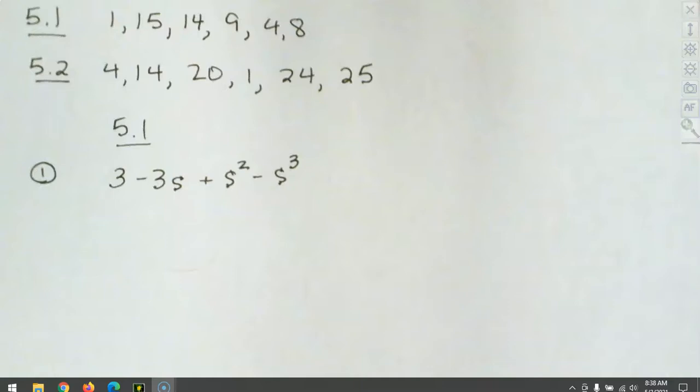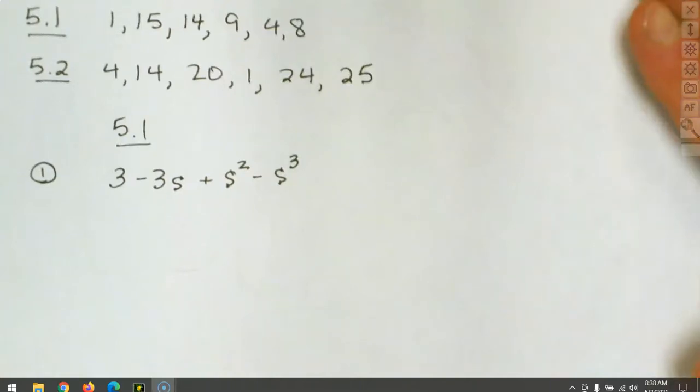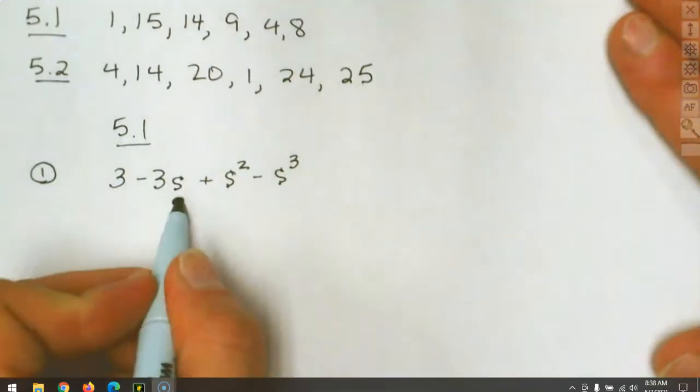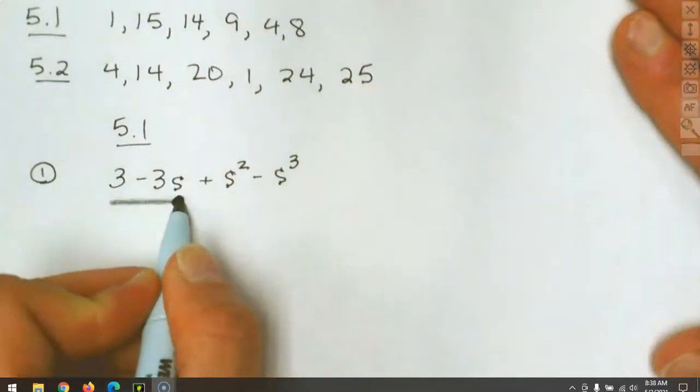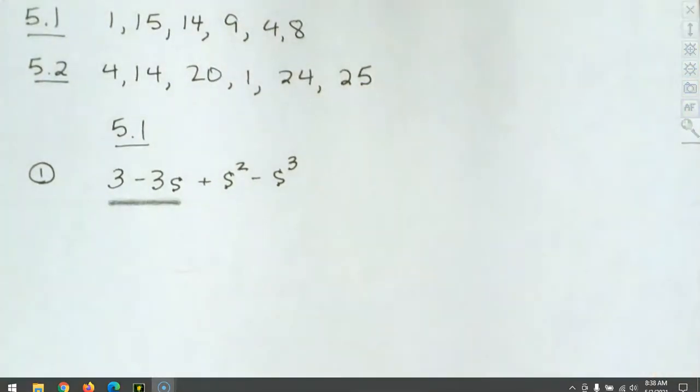So you group the first 2 together, and you group the last 2 together. And so let's see what we can do here. If we need to rearrange the terms, we can, but I don't think that we'll need to. So when we look at the first 2 pieces, what can we factor out?